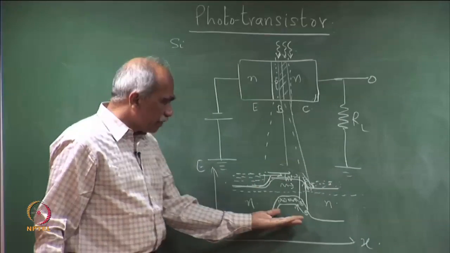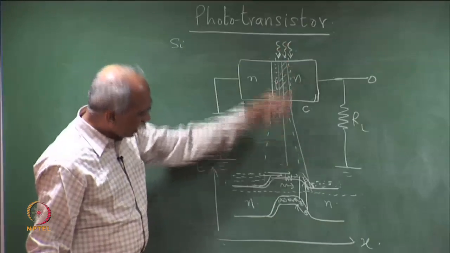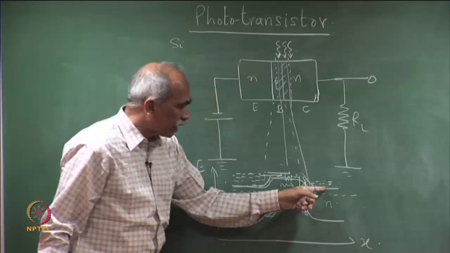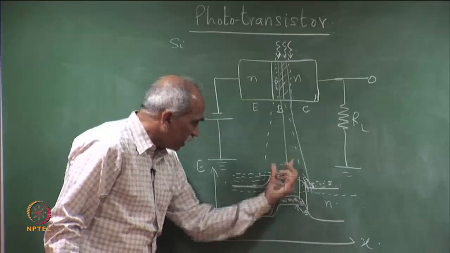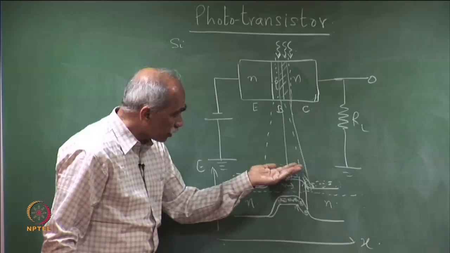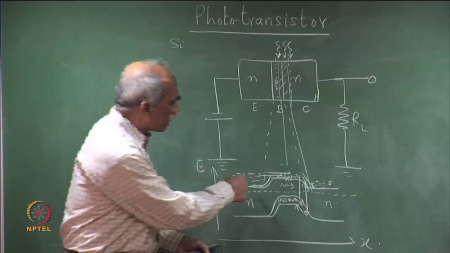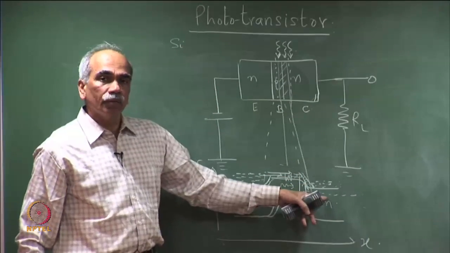It is the same action which takes place here. Because of the incident photon flux, holes accumulate here and electrons move here, and consequently this P region becomes more positive, or the potential energy is lowered, or the barrier is lowered. Consequently, a large number of electrons move from this side to this side.